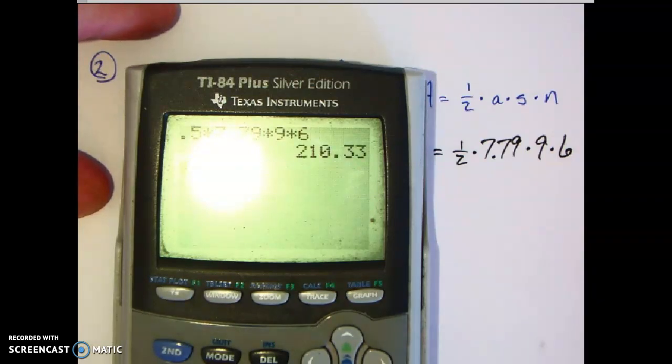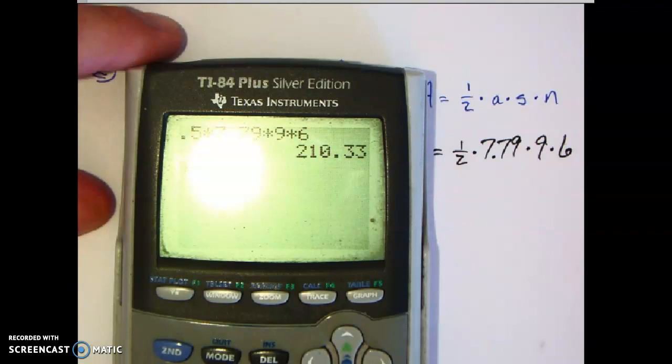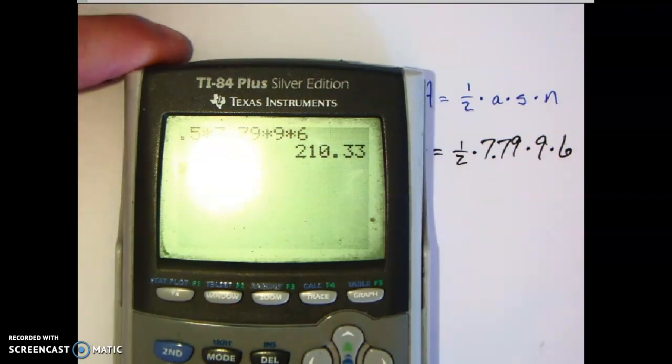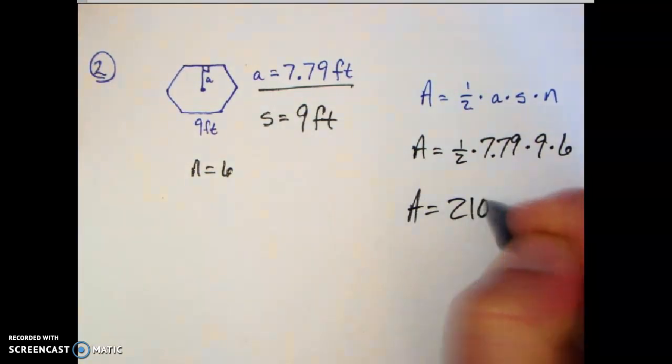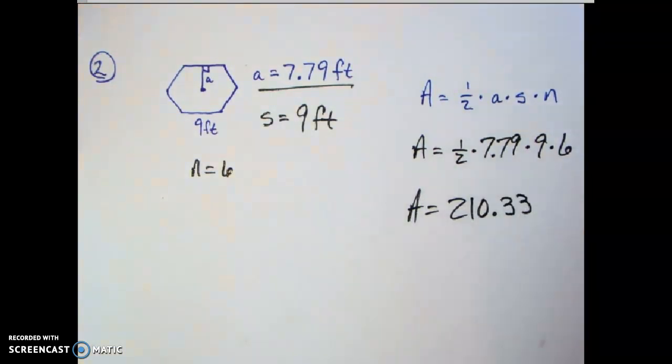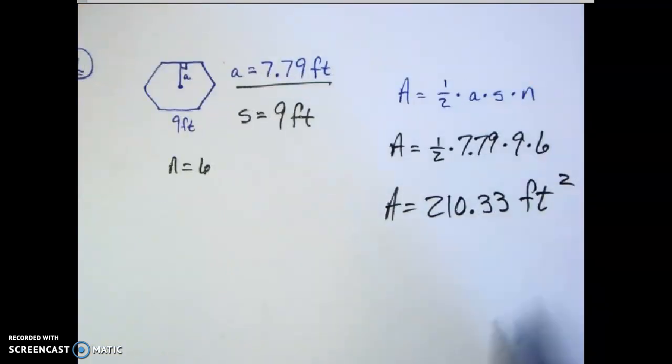And we see that that area is 210.33. And then label, label, label. We're talking square feet because we are looking at the area.